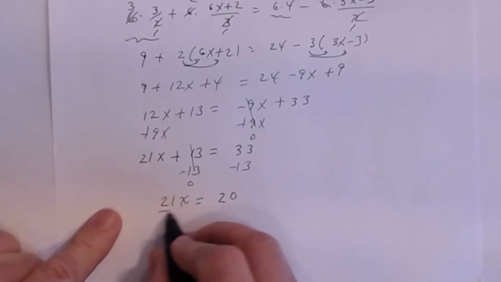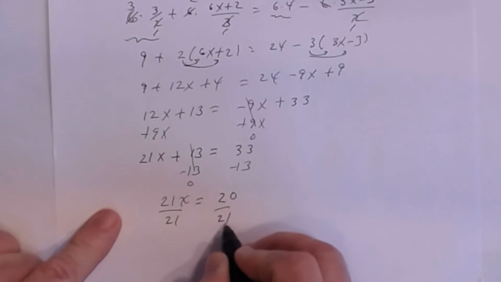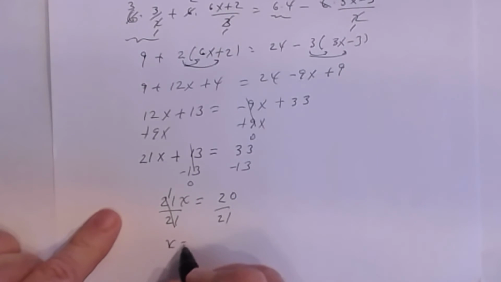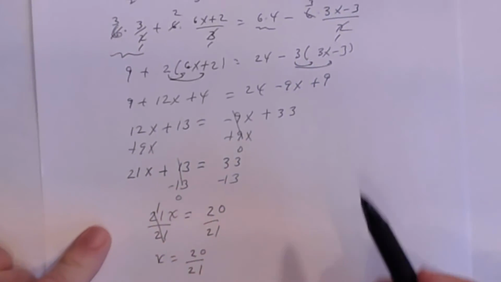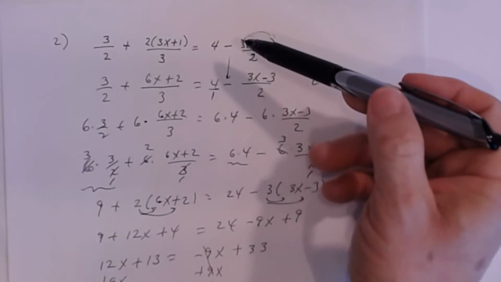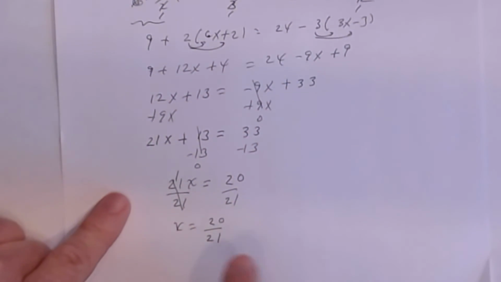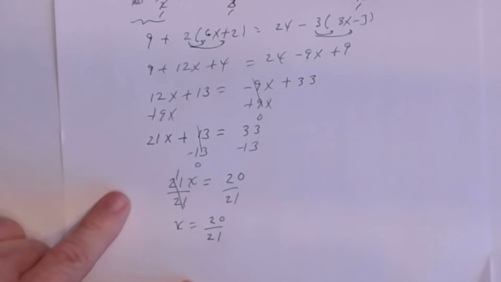And now dividing both sides by 21, 21 divided by 21 is 1. 1 times x is x. I get x to be 20 divided by 21. So if I did all these steps correctly, if I did not make any mistake, then this should be the solution. All right?